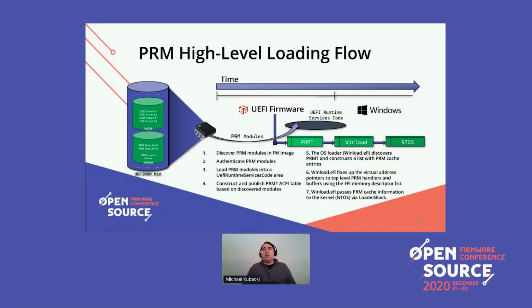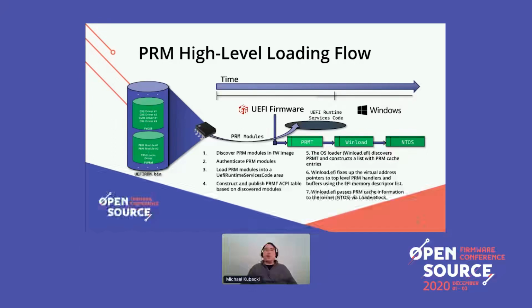Now, the operating system, in the case of Windows, winload.efi, discovers the PRMT and constructs a list with the cache entries for those PRM modules. So now the operating system has a cache list that it can refer to whenever someone asks to call a PRM handler. Winload.efi fixes up the virtual address pointers to top-level handlers using the EFI memory descriptor list.